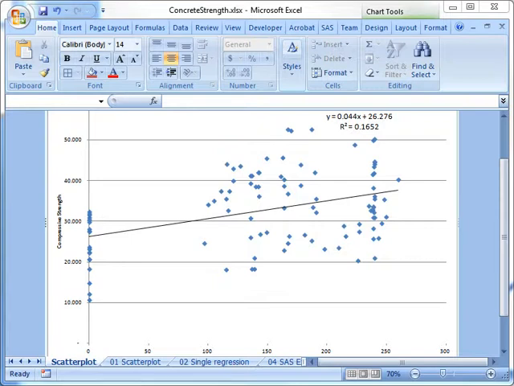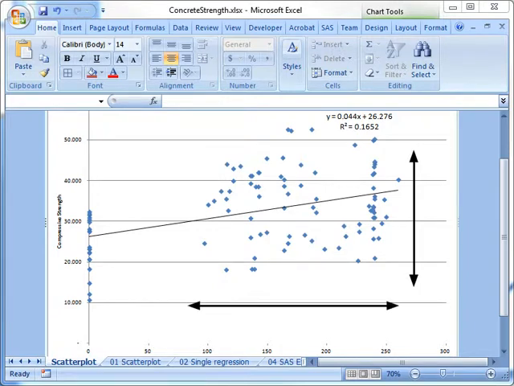If you think about this line as a predictive model, it's not a very good predictive model. It turns out it's only explaining some of the variation we see in compressive strength as a function of variation in fly ash.